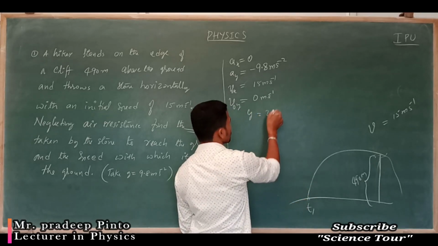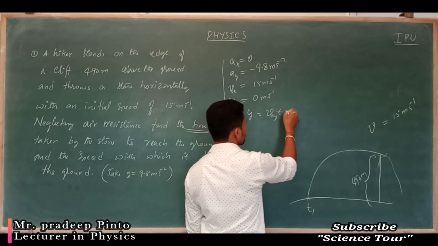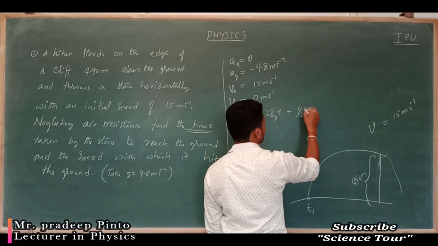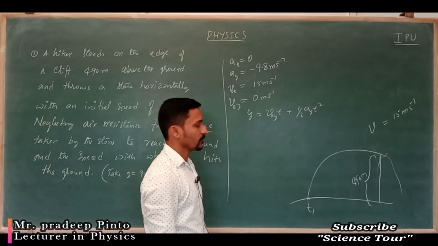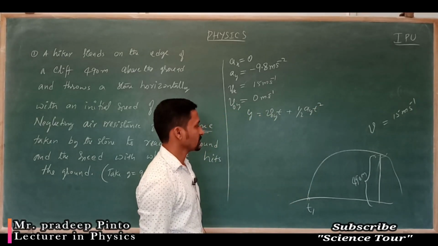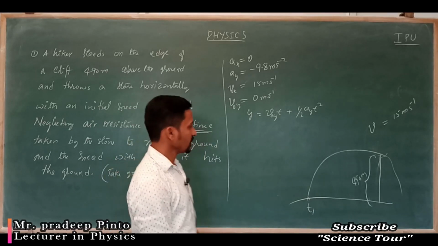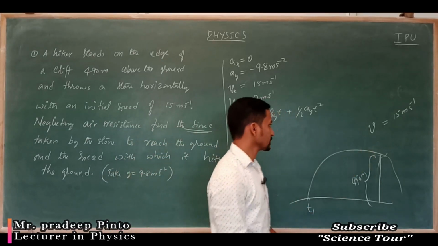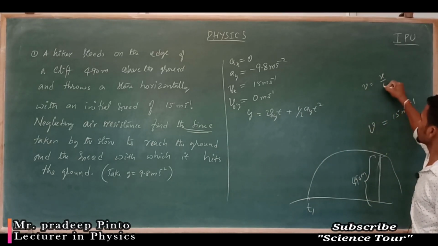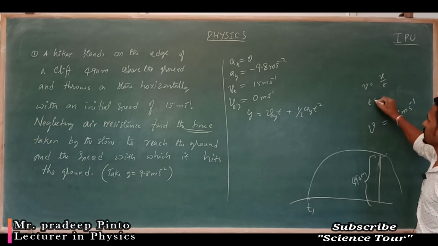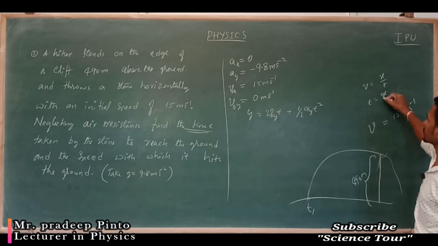So y is equal to v naught y into t plus half ay t square. We don't want x, we want time. x is equal to v naught x into t. Velocity is equal to displacement by time. If you know time, x is equal to velocity into t.